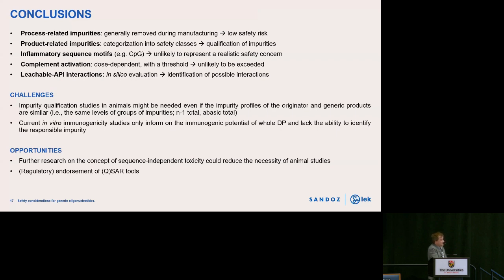Inflammatory sequence motifs, at least for the CpG, seem to be unlikely to represent a realistic safety concern for impurities. And also complement activation seems to be dose-dependent, with a threshold impurities are unlikely to exceed. And also reactive API interactions seem like they could be identified by already available QSAR tools.